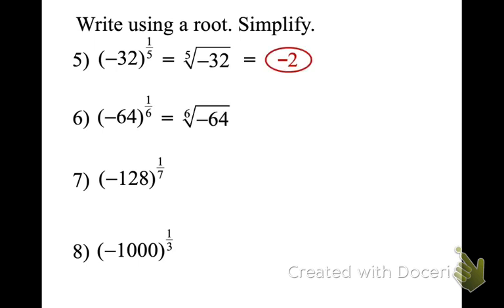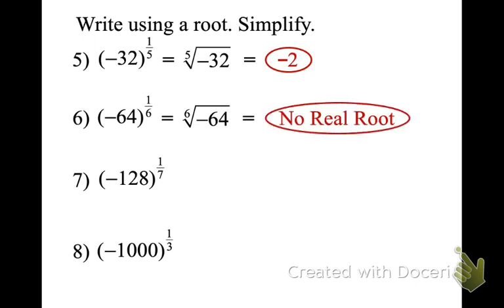The second one is going to be no real root because it's even. The third one, I don't know what times itself, negative 2. Oh, that should have been easy. 32, 64, and negative 10 on the last one.